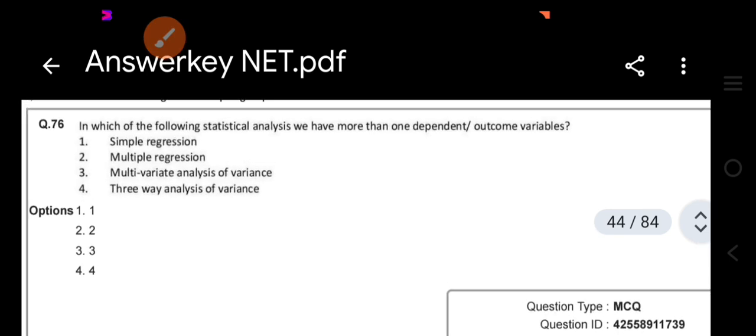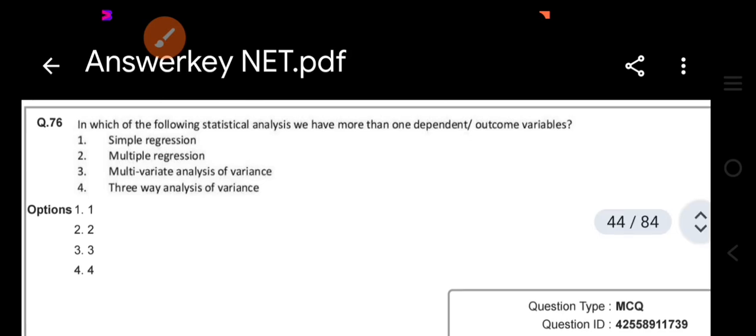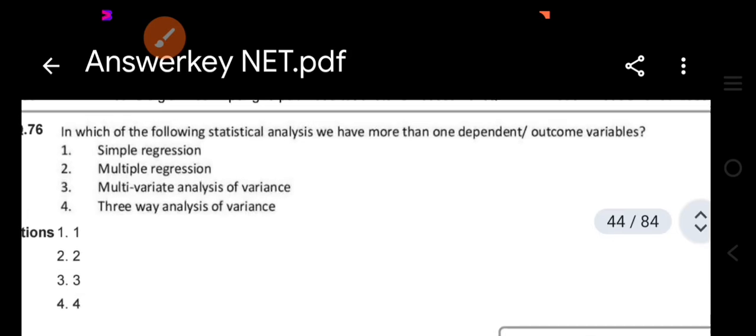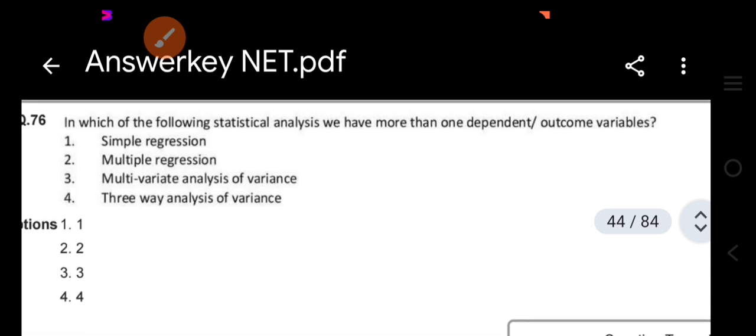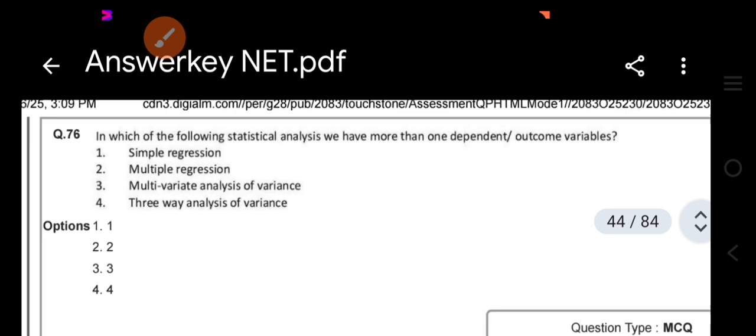Question number 76. In which of the following statistical analyses do we have more than one dependent or outcome variable? The options are simple regression, multiple regression, multivariate analysis of variance, and three-way analysis of variance.